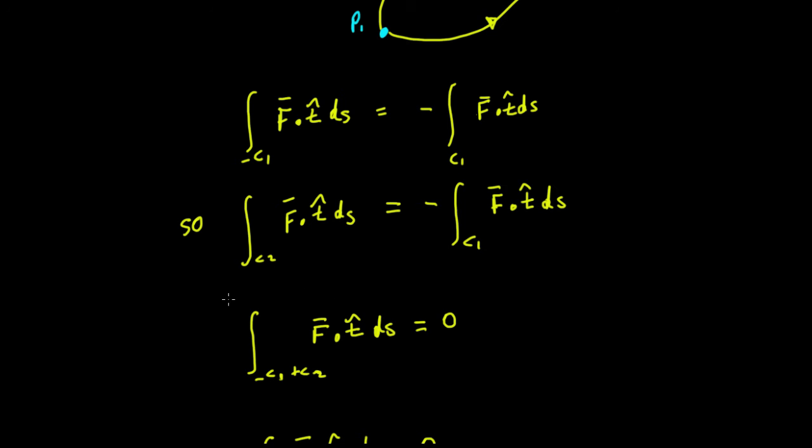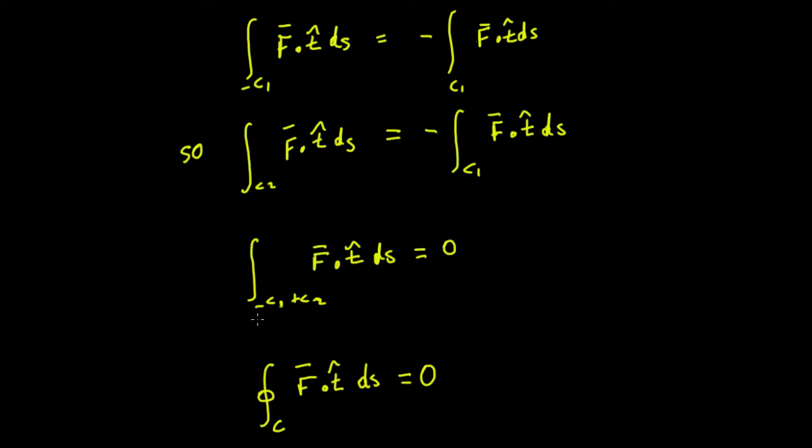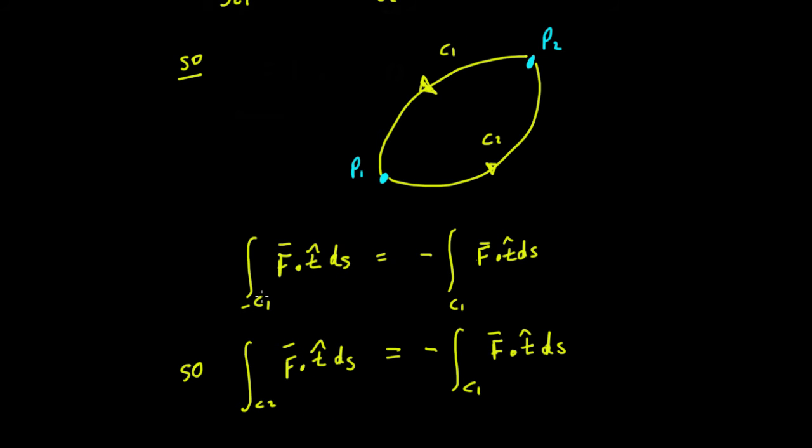When we add both of these together, we'll have minus C1 plus C2 equal to 0. Minus C1 is the path in this direction, so we're going along this direction and going back down that direction to end up where we started off.